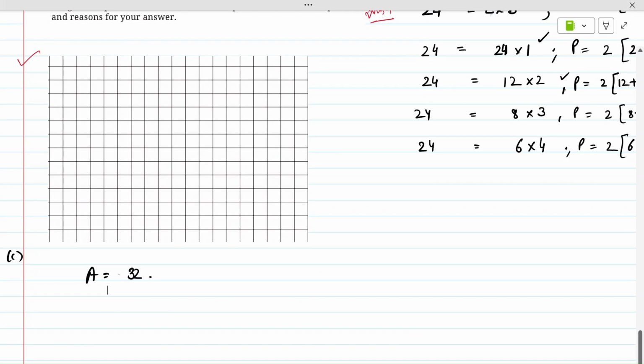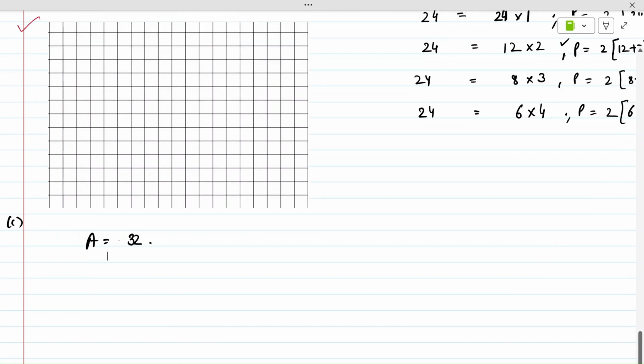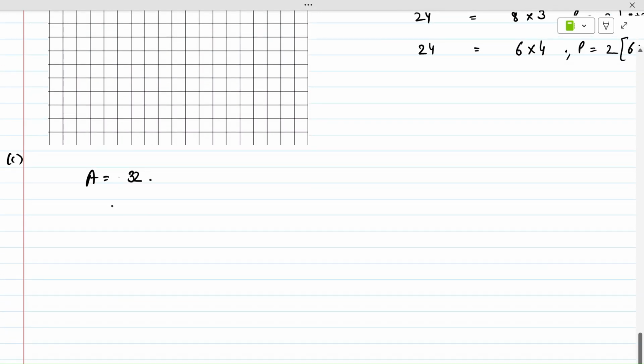Yes. So, let us break this 32 into different factors. First one is 32 into 1, where this is length, this is breadth. Next one, we have 16 into 2. 3 is not a factor of 32.